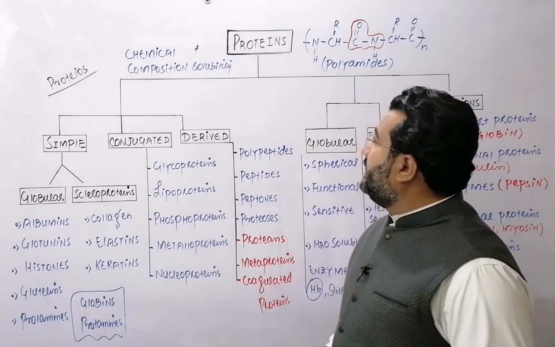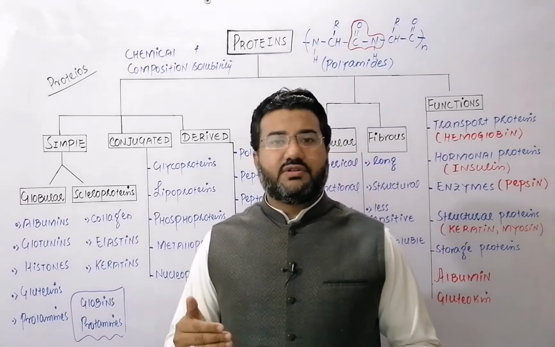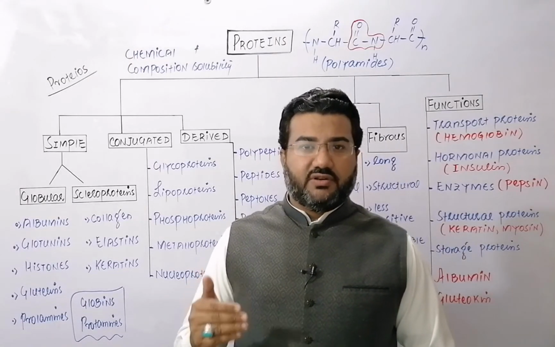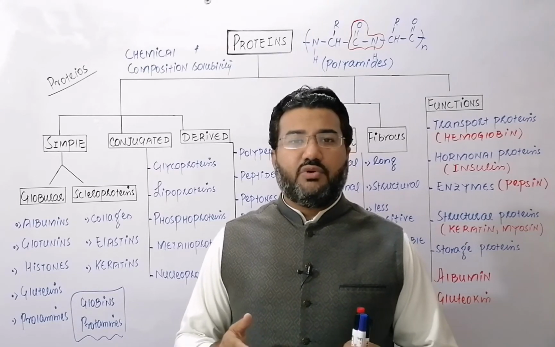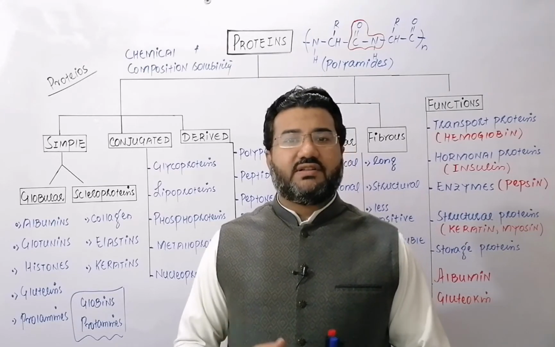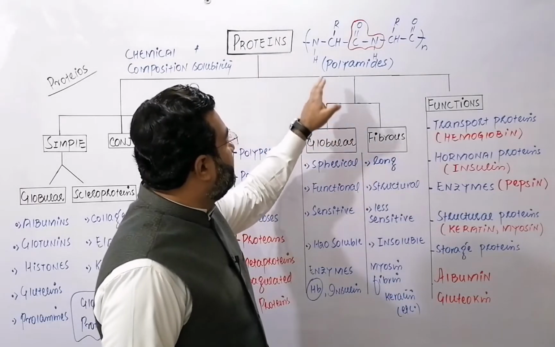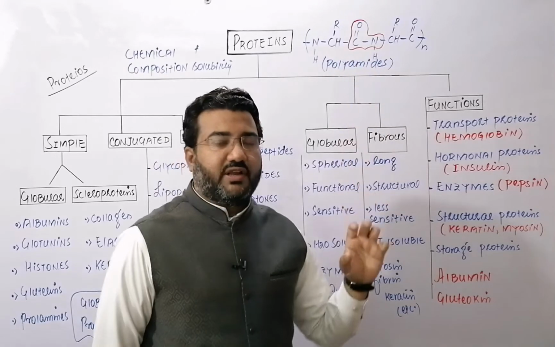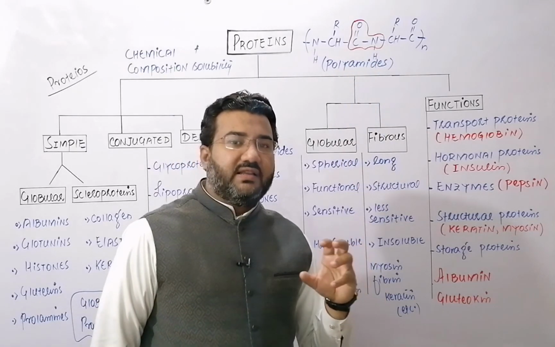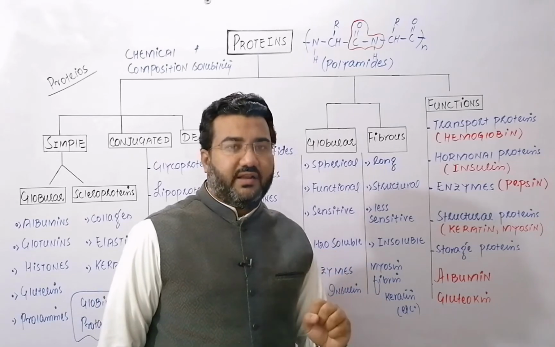Basically, proteins are macromolecules which are produced when a large number of amino acids join together. So proteins are the polymers of amino acids. And dear students, when amino acids join in a large number, peptide linkages are formed between the amino acid molecules, and these peptide linkages are basically amide linkages.